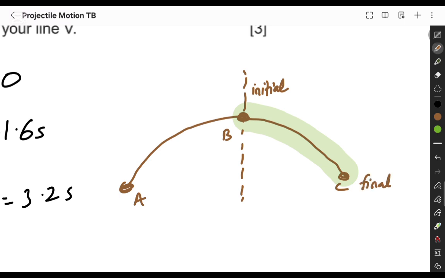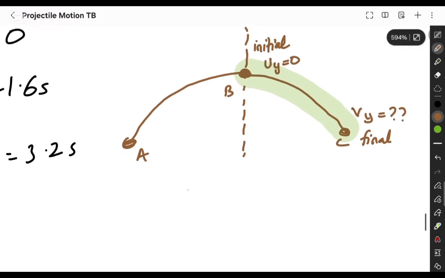So at the initial part, our u in the vertical direction is going to be equal to 0, and v in the vertical direction is going to be question mark. Okay, so we can use SUVAT. This is going to be 0, question mark, minus 9.81.